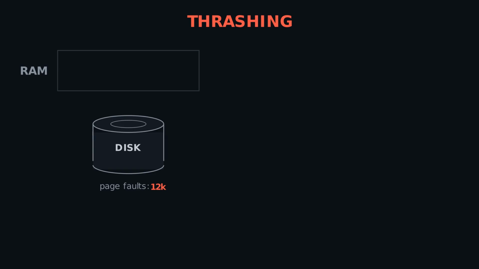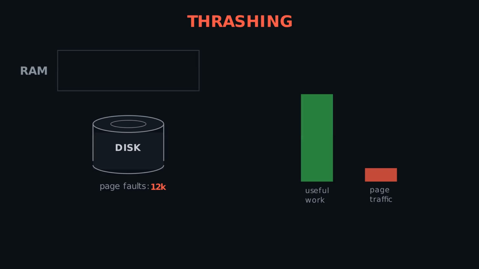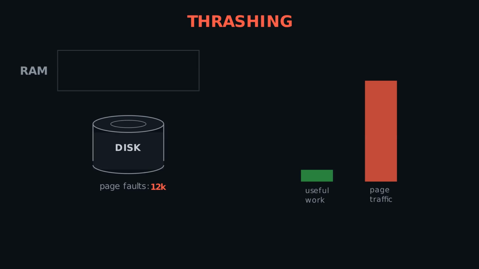The computer ends up spending almost all of its effort just moving pages between disk and RAM, and almost none of it actually running your programs. And here's the twist. Your processor isn't overworked. It's mostly sitting there waiting on the disk. Exactly like the waiting problem from the CPU video, but 1,000 times worse. The machine looks frantic. It's actually stuck.